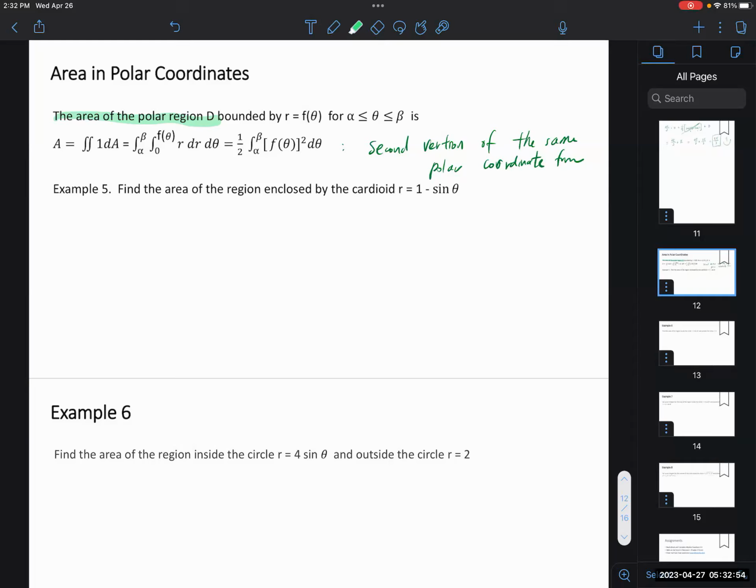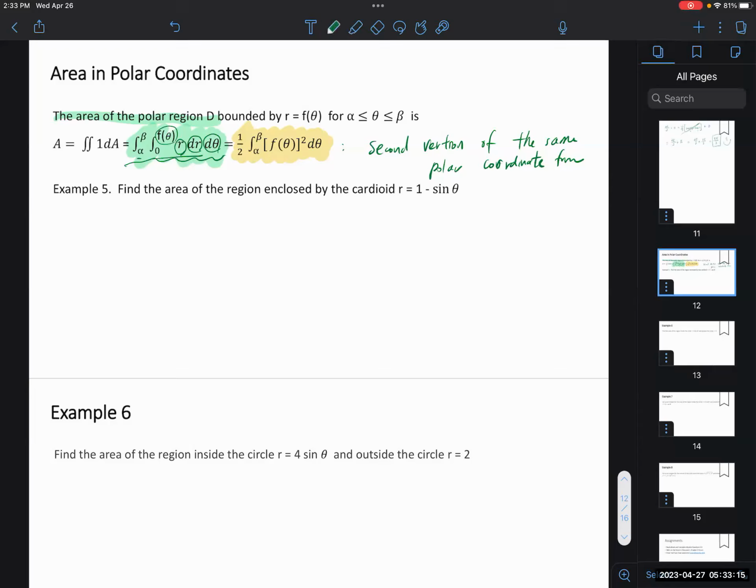Okay, so you have to find out the area. Instead of finding the integral for the radius and the integral for the theta, you can do it, but this is the same as the second formula. Either this one or that equation, you will get the same answer.